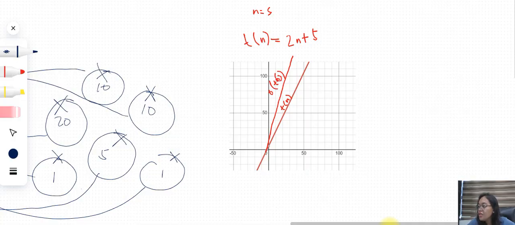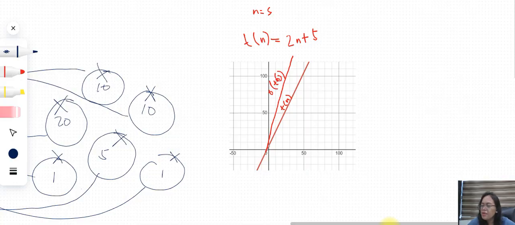It will never cross T of n, T of n will never cross this one. So this could be a bound stating that no matter what the input, it will never be greater than that. So that's your upper bound.